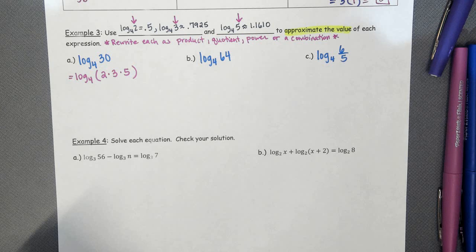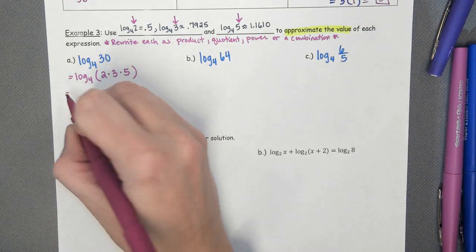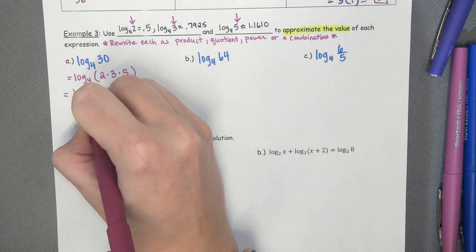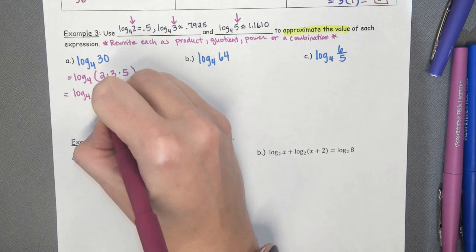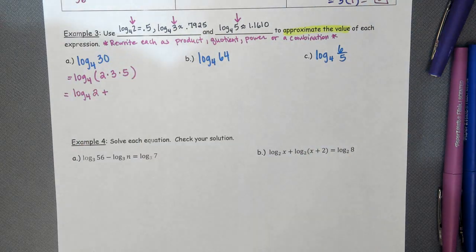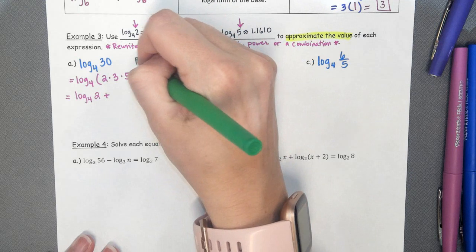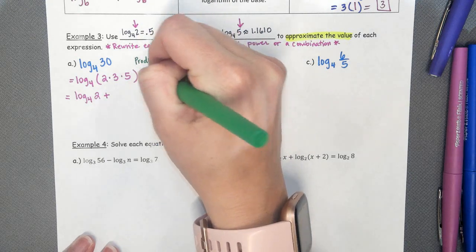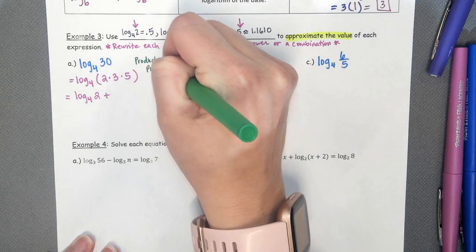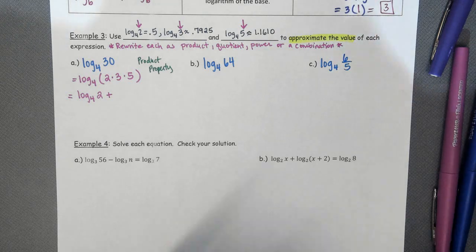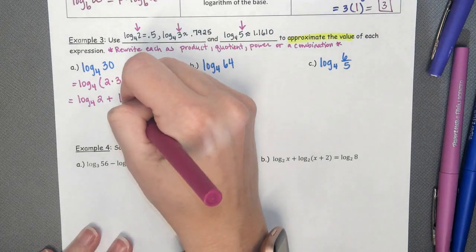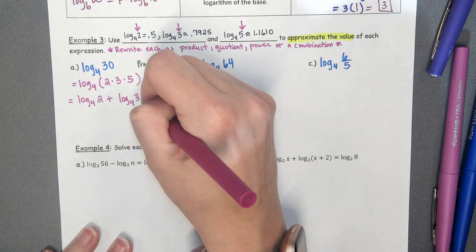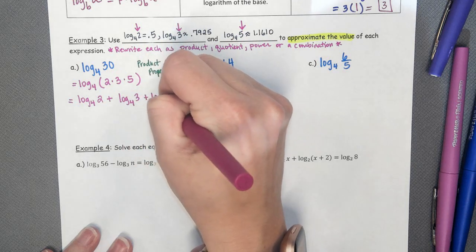Focus up here. And then what you're going to use is your property of the product. Okay, so if you can rewrite this with the product property, then you can substitute the values that are given.